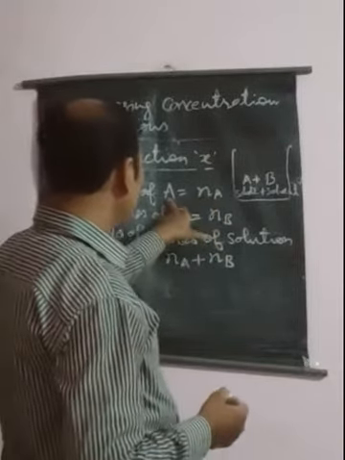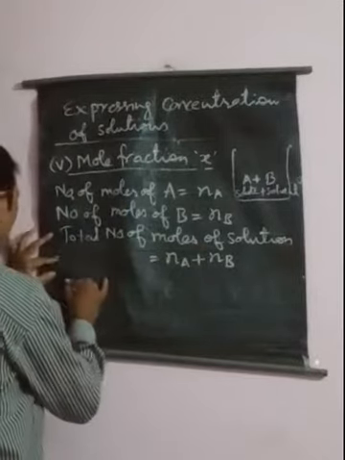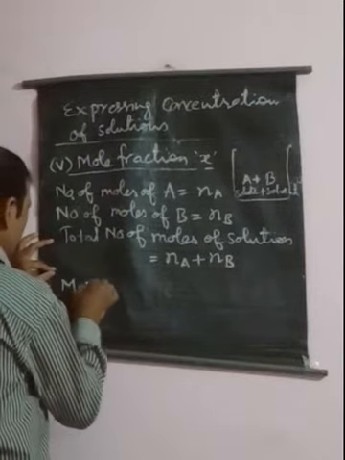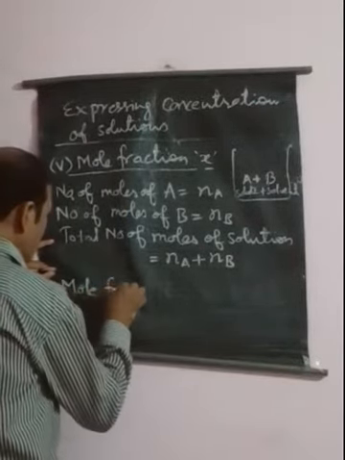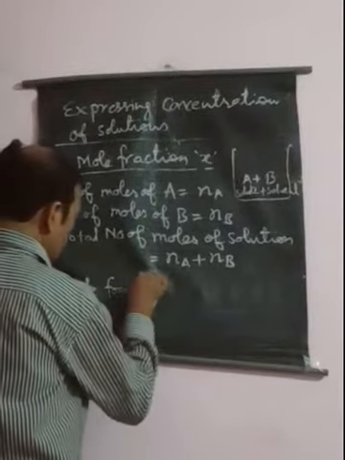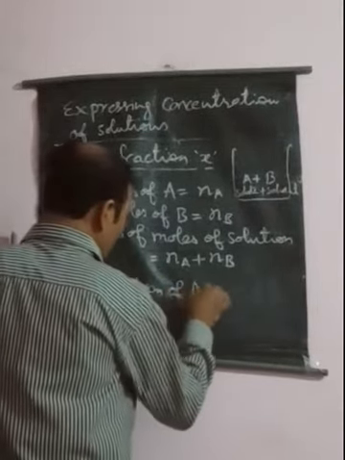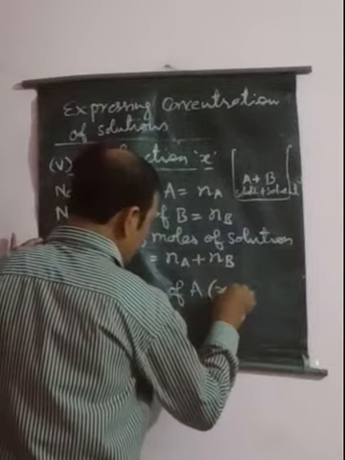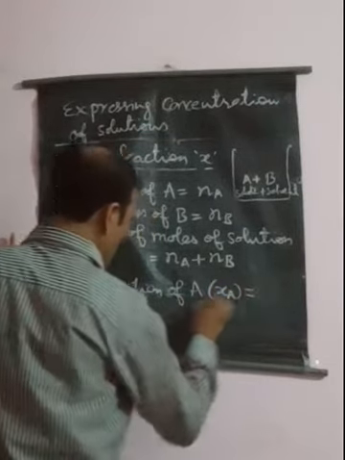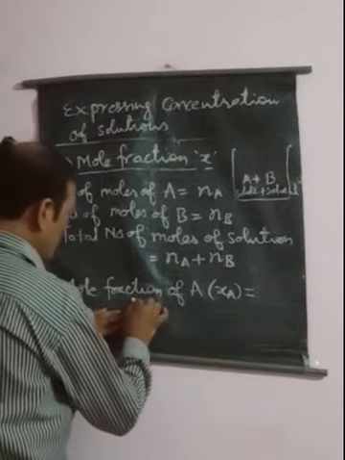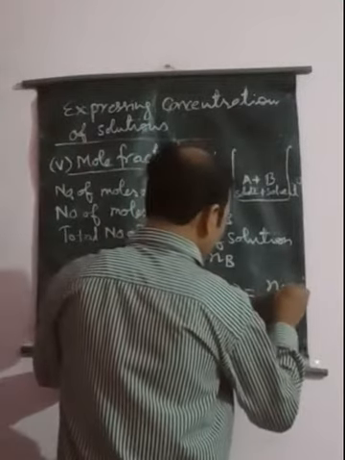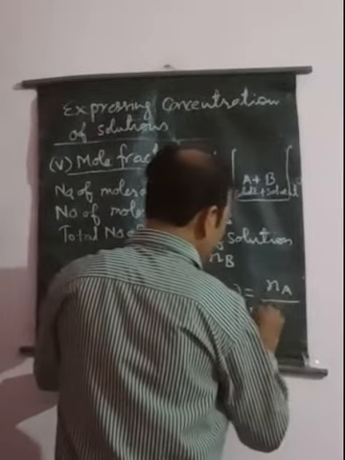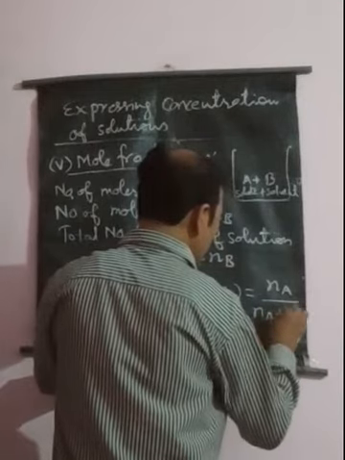Okay, here the component A. If you want to know the mole fraction of component A, you can write the formula as mole fraction of A, XA, which will be equal to NA divided by NA plus NB.